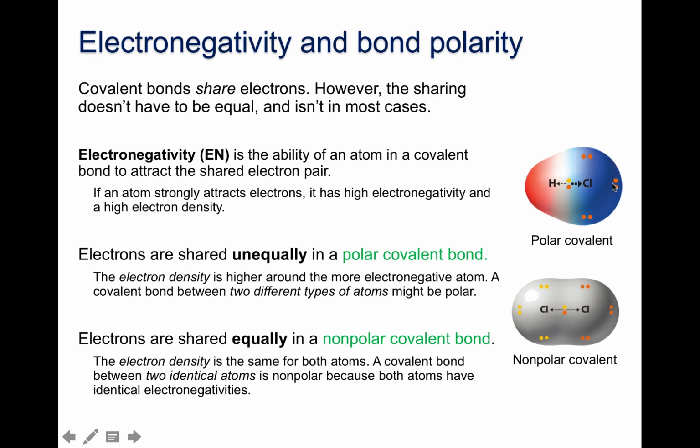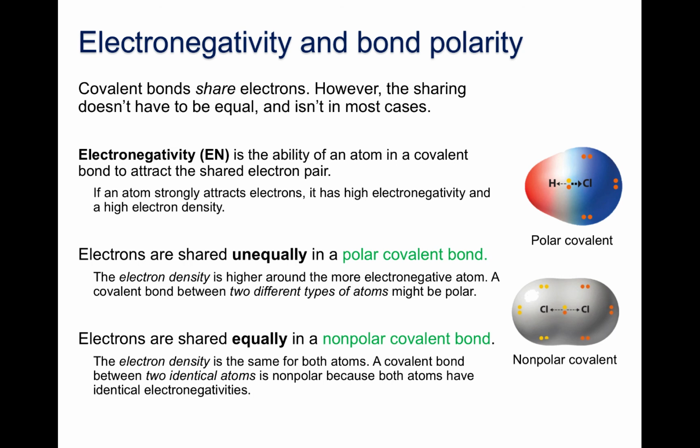And we would say that a covalent bond is polar if it's between two different types of atoms. And the caveat is there has to be a difference in the electronegativity. And in this class, we're going to say that if they're two different atoms, then they're going to have different electronegativities, and the covalent bond is polar.